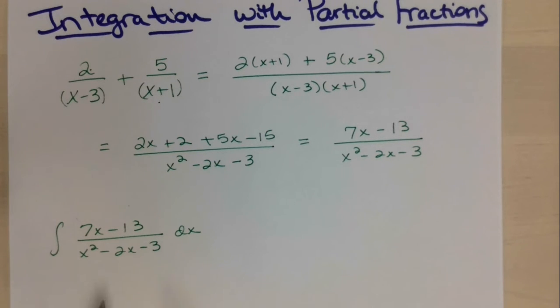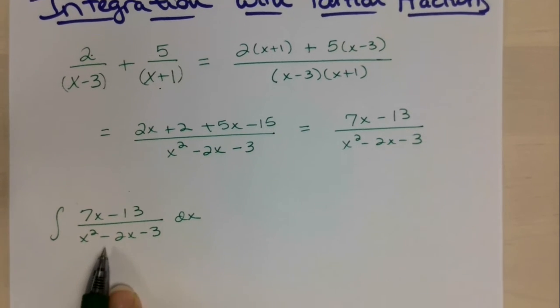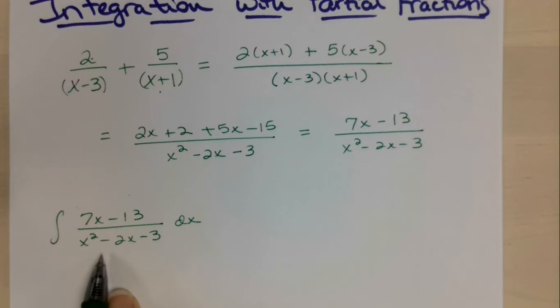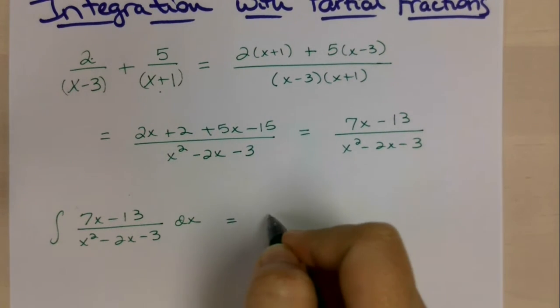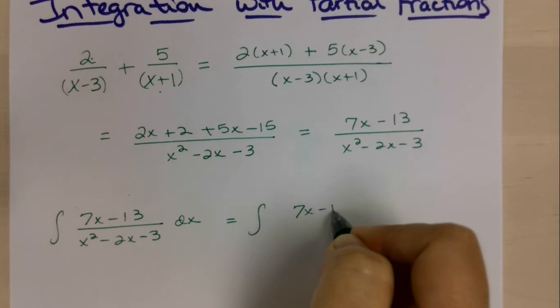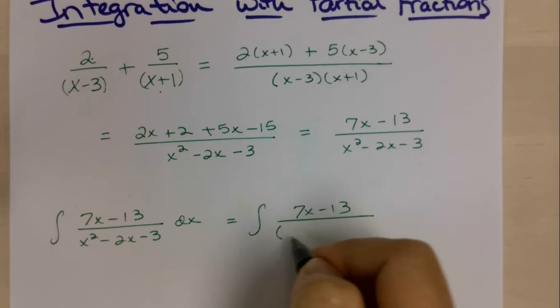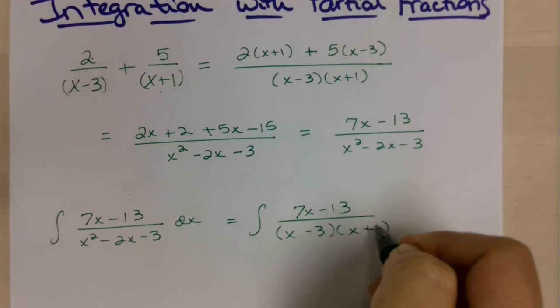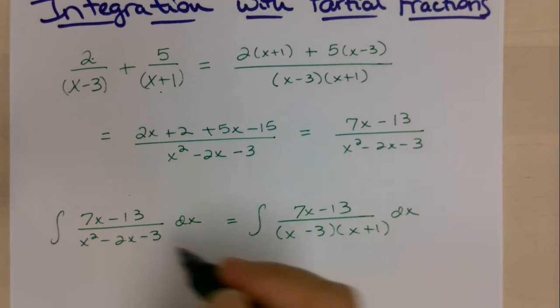So our first step is going to be to factor the denominator. And it's important to note here that this technique of using partial fractions only works when your denominator is factorable. So that denominator factors to x minus 3, x plus 1.